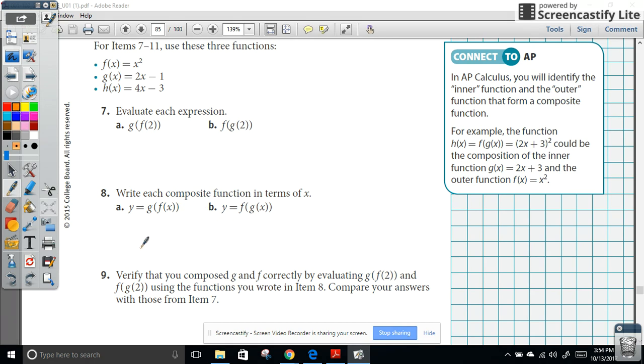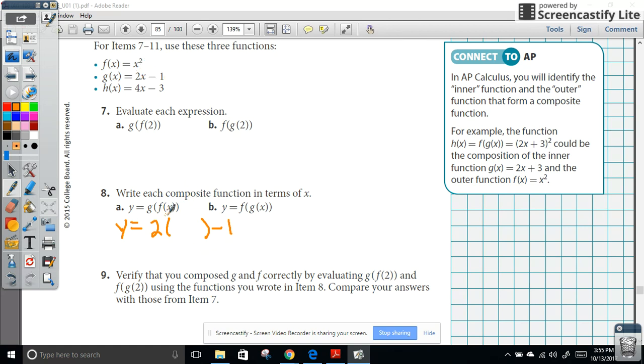Okay, they want us to write a brand new equation by taking the F function and plugging it into the G function. Okay, so I'm going to come up with my brand new equation. I'm going to write my G function out, but everywhere I have something to plug in, I'm just going to put a parentheses. Okay, so that's my G function. See, there's my G function. 2 times parentheses minus 1.